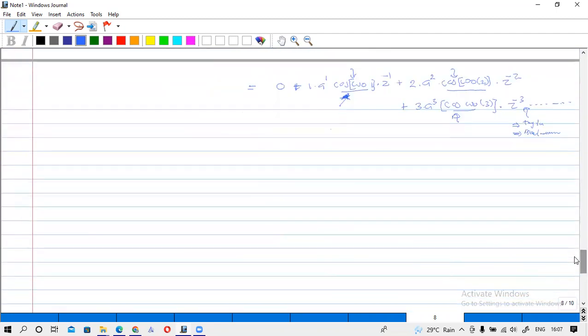First, I find the Z transform of cos(omega naught n) u[n]. First I will try to find the compact solution for this. Then if I can find the compact solution for this, definitely I will have a solution for this also.